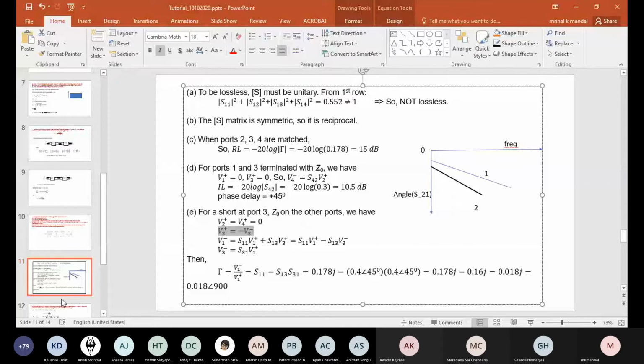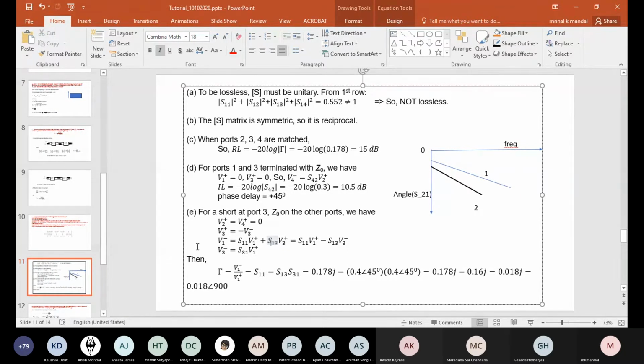And then the part which is coming back due to short circuit from port 3, that is minus V3 minus. So now at port 1, we have a direct reflection component due to S11, and one is due to port 3 to port 1. That is given by S13. After this, you just have to put the values.